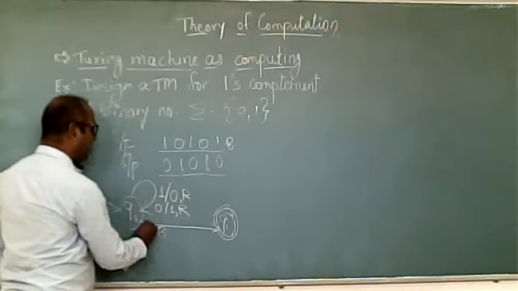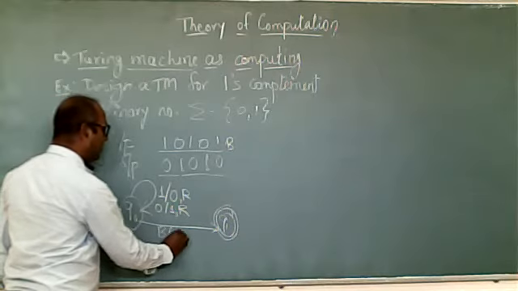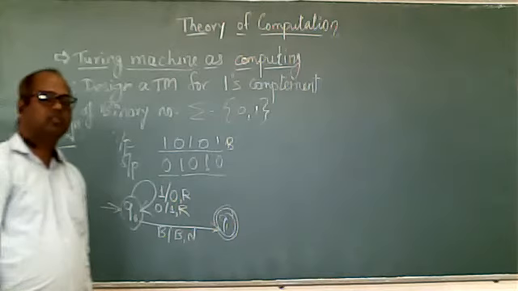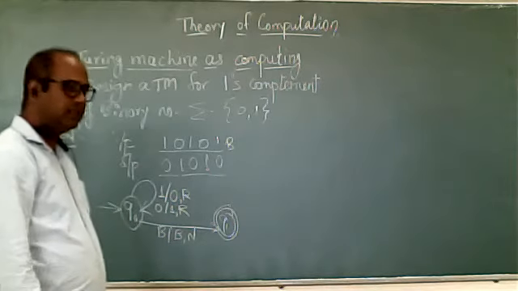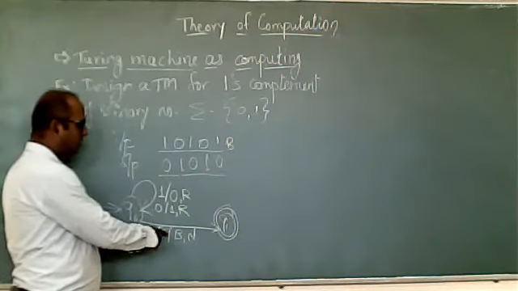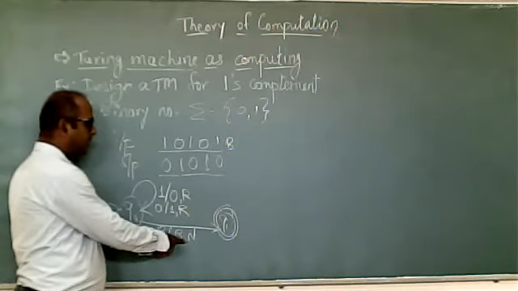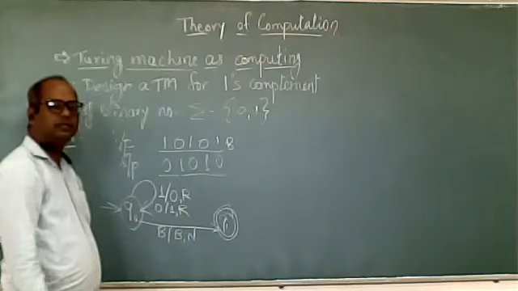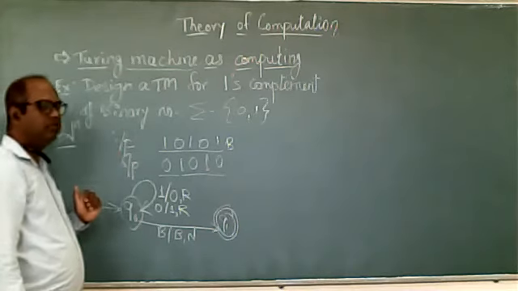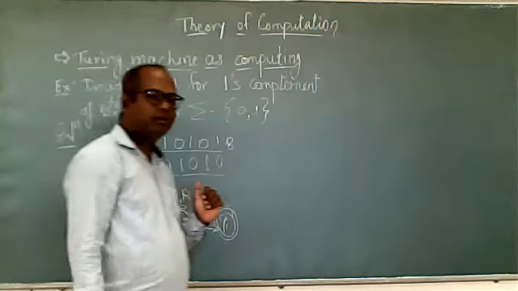So when we get blank, we replace it with blank and say no operation, no movement. So 1 will become 0, 0 will become 1, and when we get blank, keep blank as it is, and no operation. This is a simple Turing machine for the one's complement of a binary number.